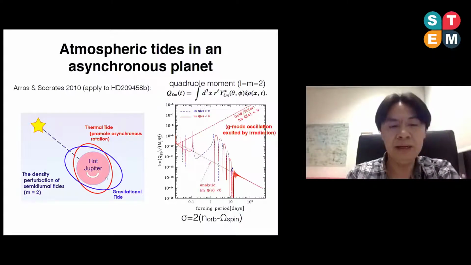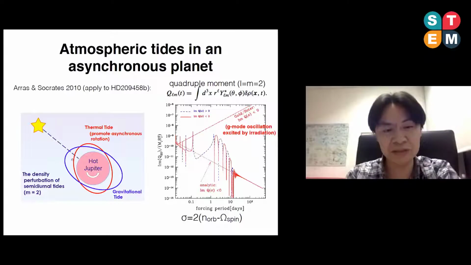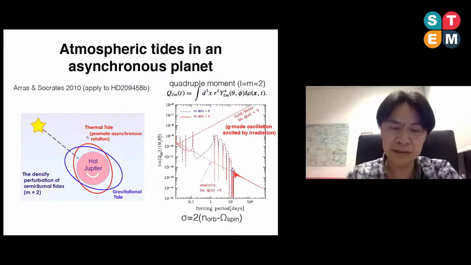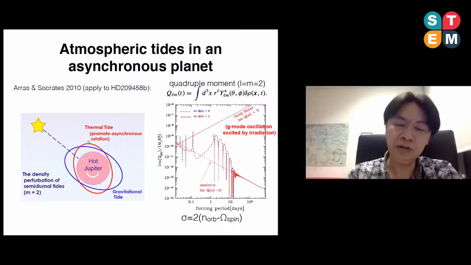But if the stellar irradiation is strong enough, that can excite another bulge, indicated by this red color. And if the so-called thermal bulge is pointing in a different direction, in this case in the opposite direction to the gravitational bulge with respect to this dashed line toward the central star, the stellar gravity field is likely to exert a torque of different sign on these two bulges, and therefore the total torque can be canceled out.